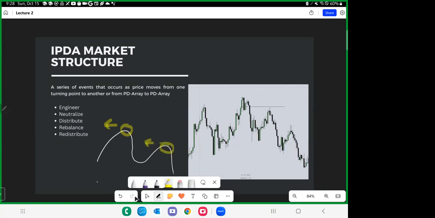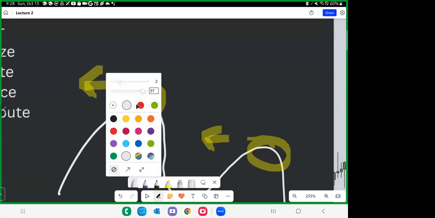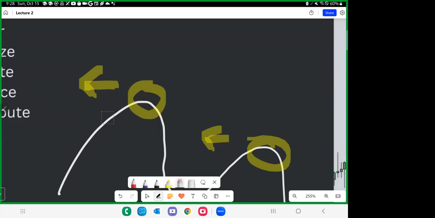Now, as price reaches into those areas, as we just saw with the example we used with the failure swing, structure is going to form as a result of that series of events that needs to occur, because that's just how price books.